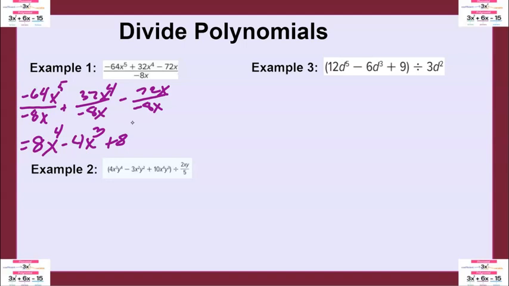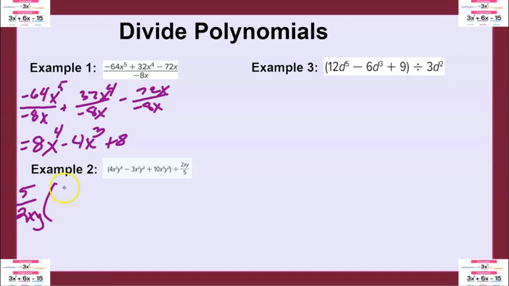Example 2, we're going to divide by a rational expression. So when you're dividing by a fraction, you're really multiplying by the reciprocal. So I'm going to write the reciprocal of the dividend here. So that would be 5 over 2xy.